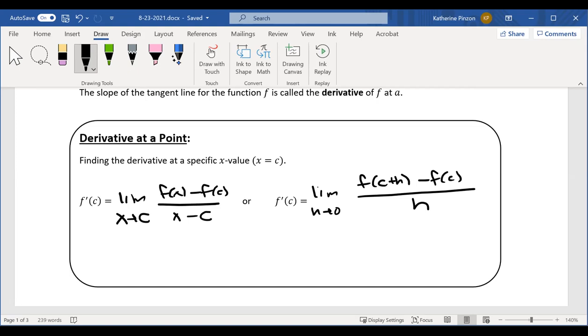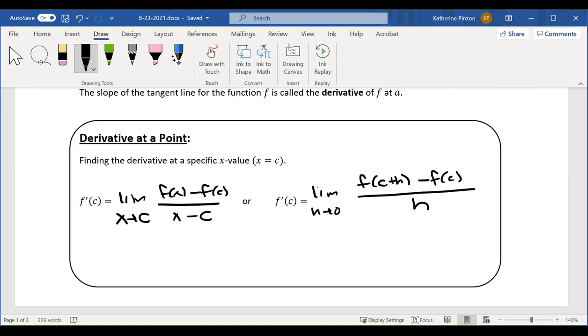In this case, that c is sort of the a value we were using above. So these are two ways to find the derivative at a particular point.